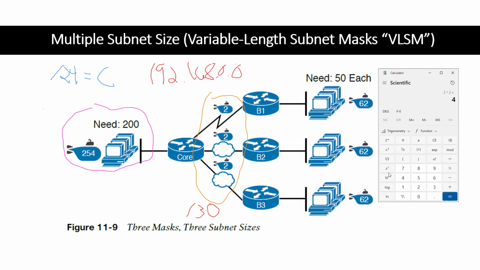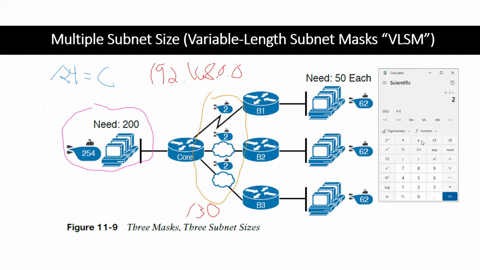That's not enough. 2 to the power of 2 equals 4 minus 2, that's giving us 2 usable IP addresses. That is absolutely not enough, and that's exactly what I showed you guys, that /30. So we're going to need a little bit more.